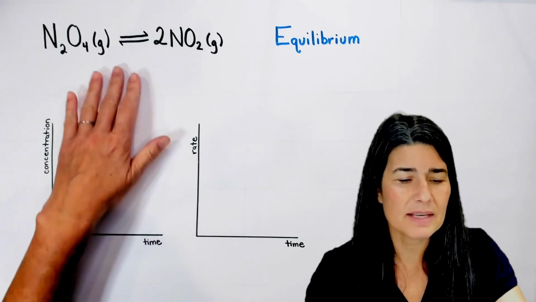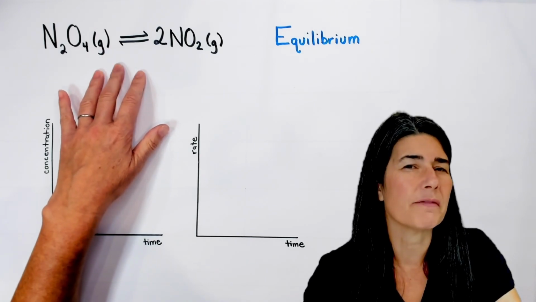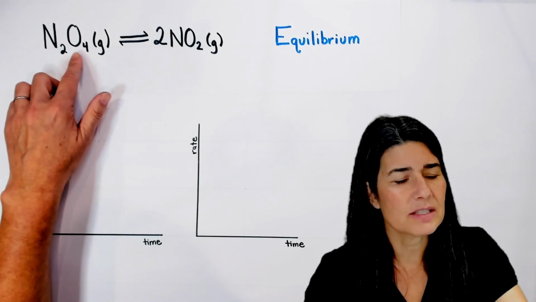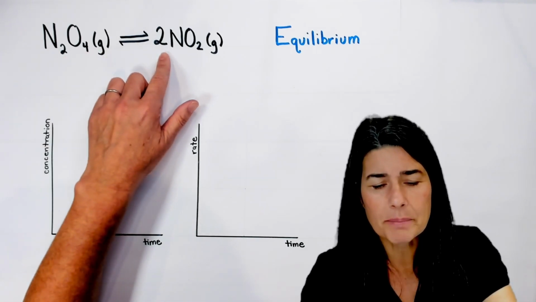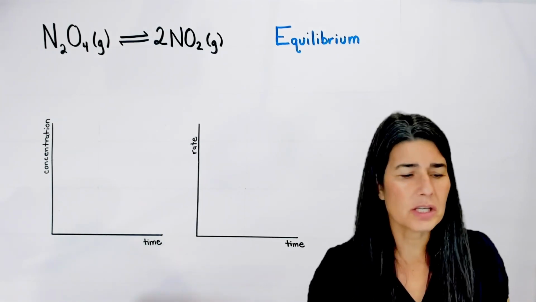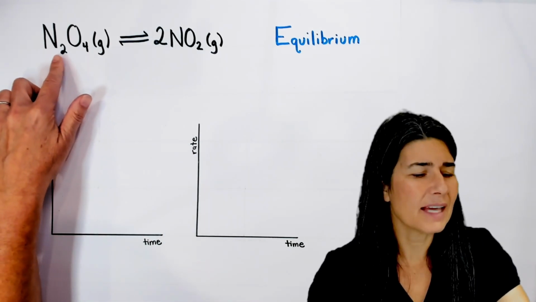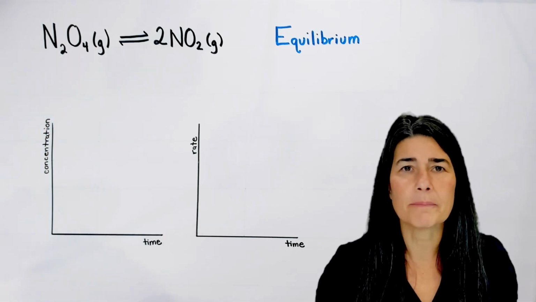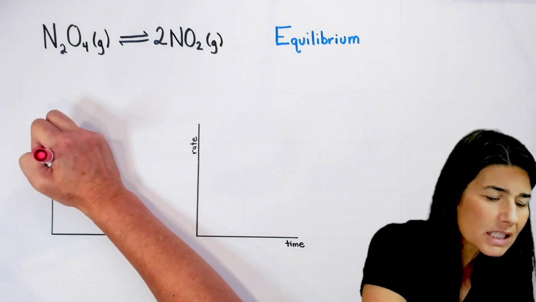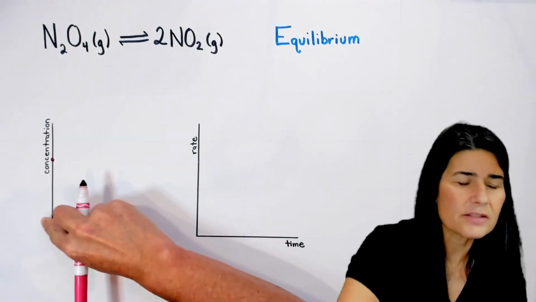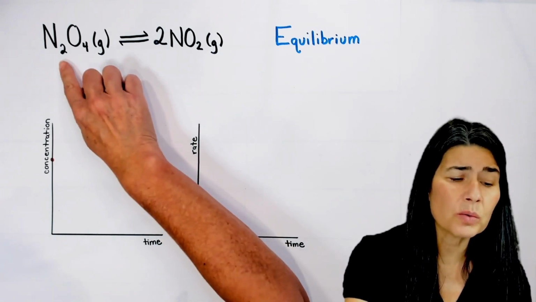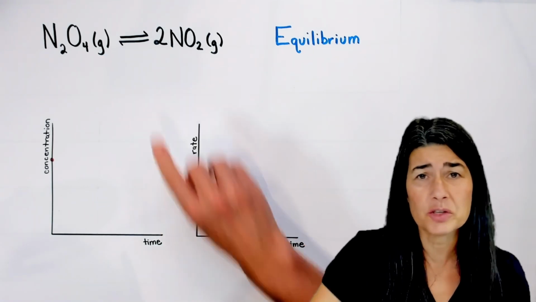So let's examine this chemical system in order to try to figure out what it is. So we have dinitrogen tetroxide that can decompose into two NO2s. We're going to start this reaction by having only N2O4 in some container. So our original amount of N2O4, let's place that up here on a concentration versus time graph. We're going to start the reaction with only N2O4 and no nitrogen dioxide.